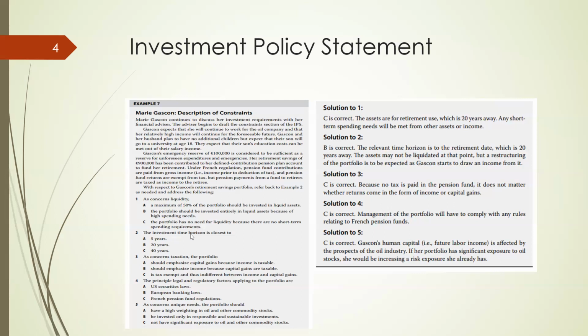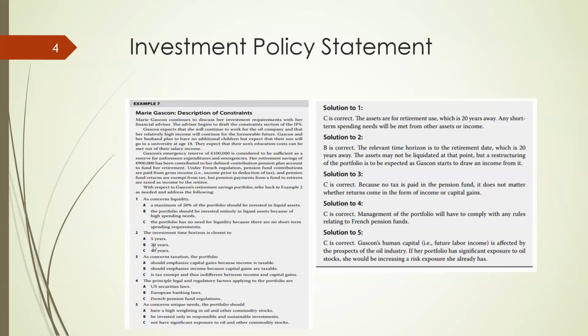Next question. The investment time horizon is closest to 5, 20, or 40 years. Now, most likely the kid may be going to college maybe in 10 years. So the answer is B. 20 years is the most likely of the three options given.